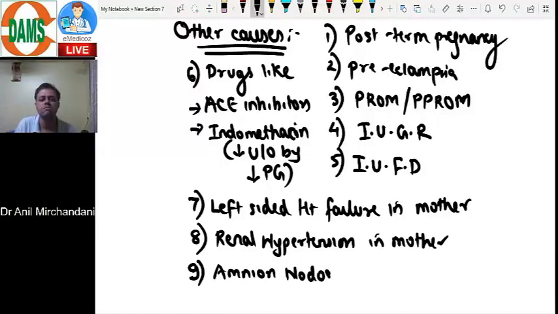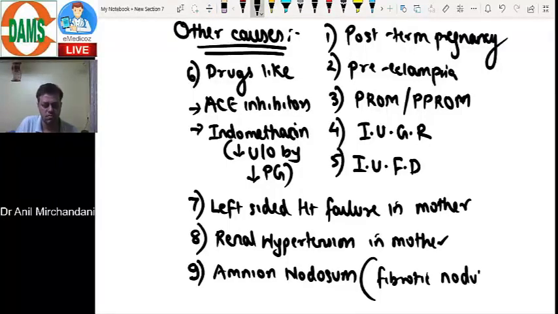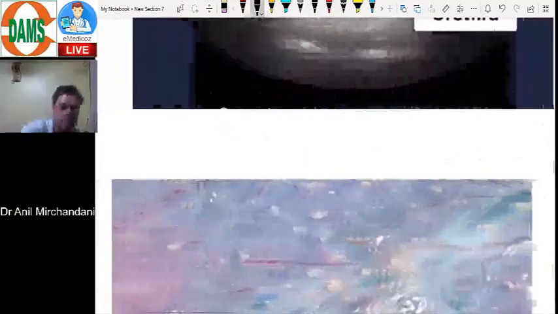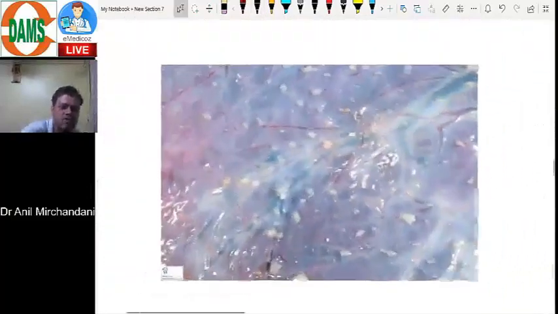Then there is a condition called amnion nodosum. Imagine an amniotic sac full of fibrotic nodes. Because of those fibrotic areas, the fluid transudation will get affected, and then there will be oligohydramnios. Have a look at this picture.